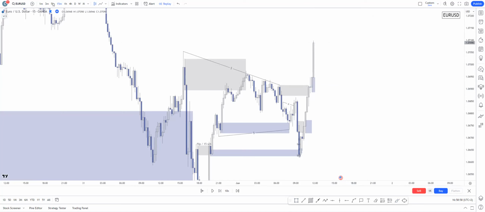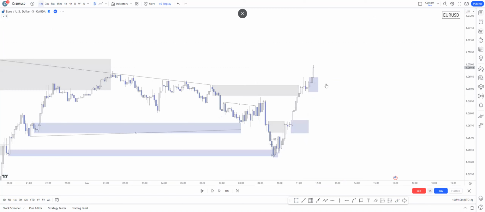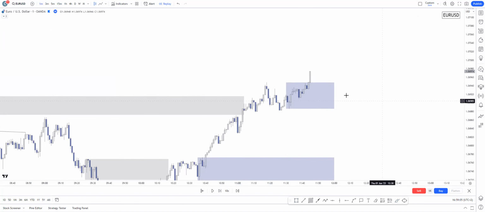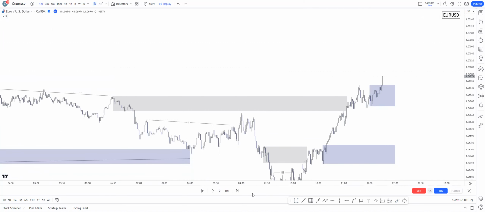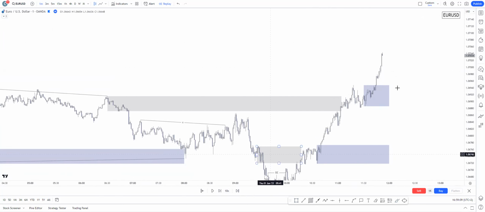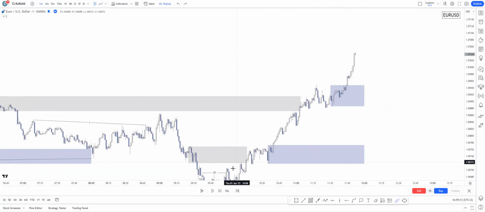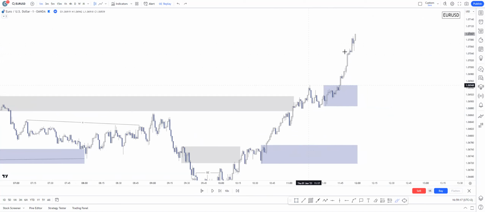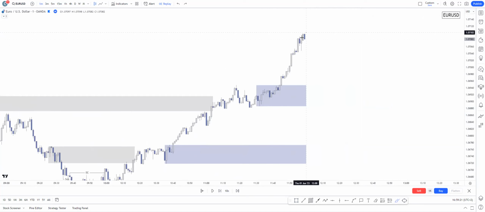But the point is, session will close in 15 minutes. And actually, this last recent 15-minute demand has been made with the last candle of the session. So yeah, session closed here.